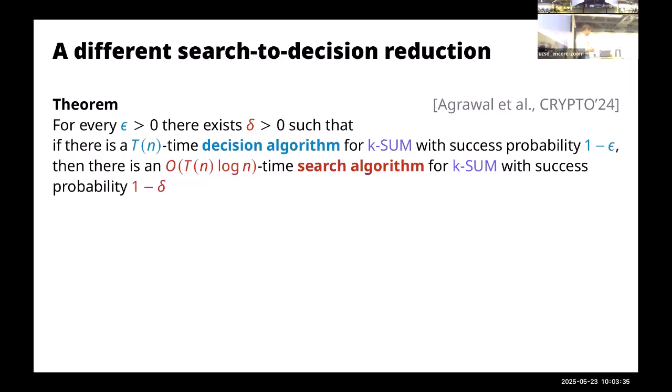So basically, you can show that if you want a search algorithm with some constant success probability, then, anyway, for every constant success probability, there is some other constant success probability such that if I give you a decision algorithm with this probability, then I can get a search algorithm with the probability I wanted.